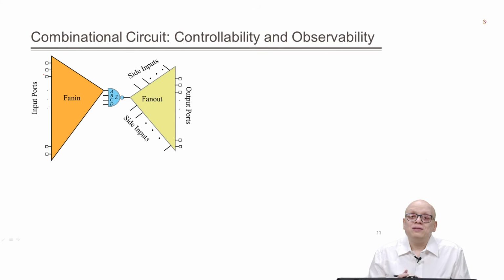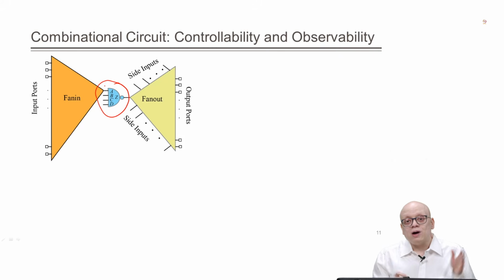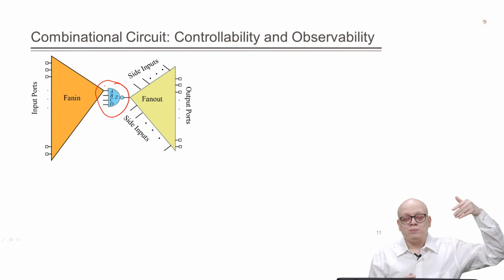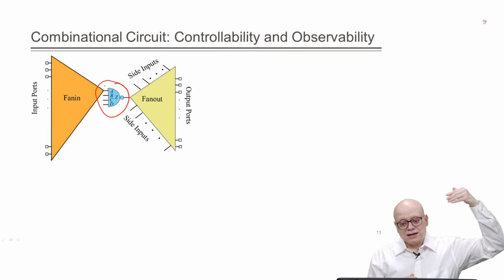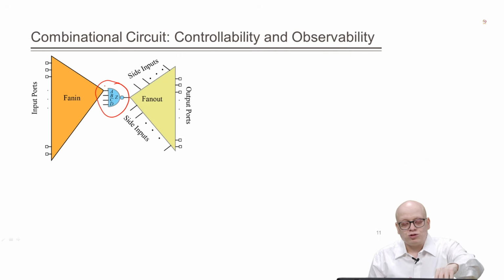Now, when this NAND gate is sitting inside our circuit, we need to apply the test pattern to it, right. If this NAND gate was directly connected to the input port, the ATE could have directly applied the test patterns at the input pins.